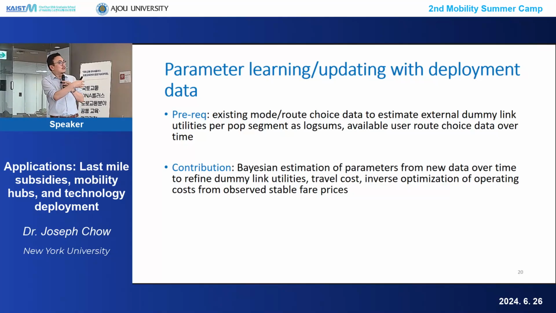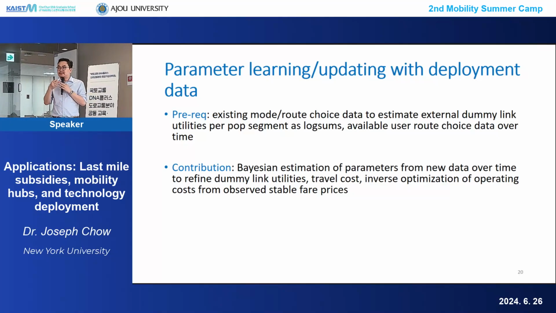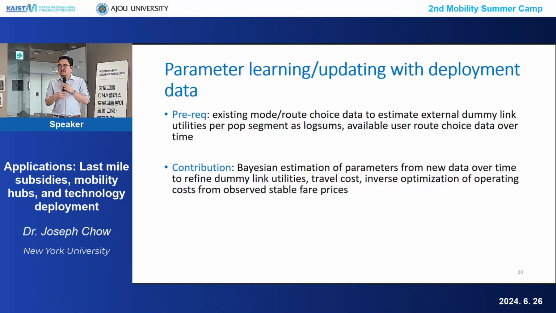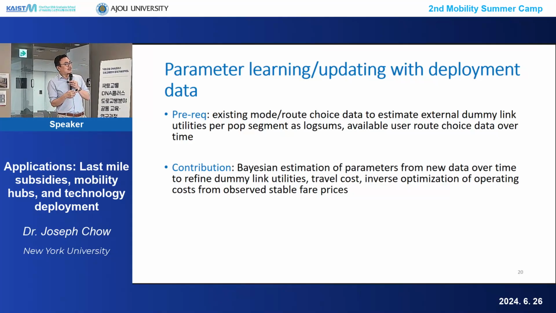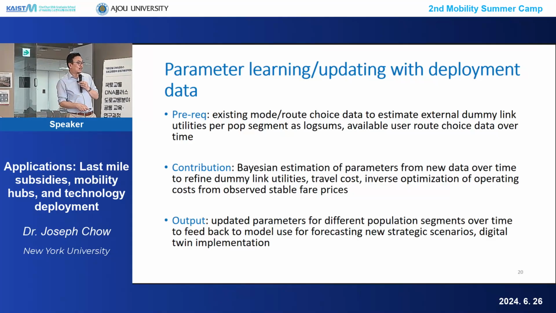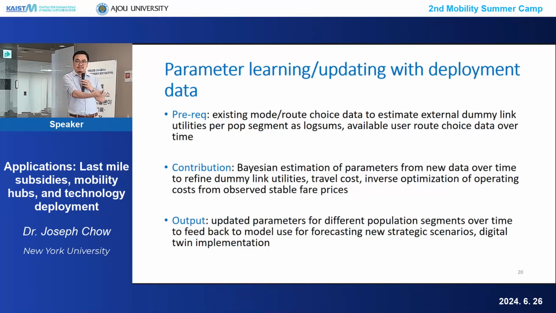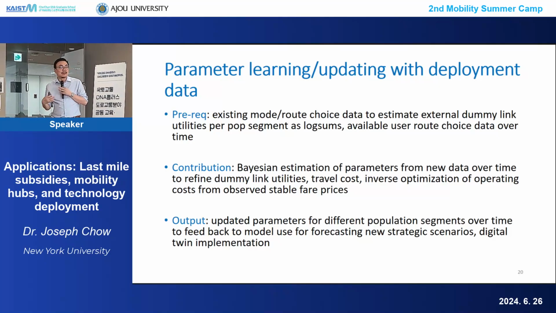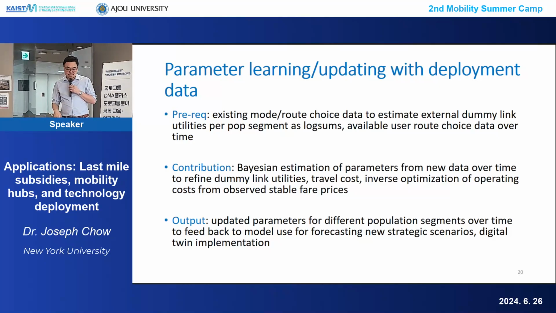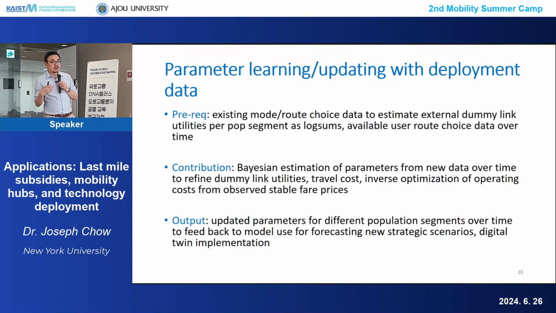So this is looking at developing a dynamic decision support framework that incorporates this kind of learning. I think it leads towards a digital twin implementation where you have a MaaS system, and then you have this updated learning with the parameters to provide inputs on new strategies.